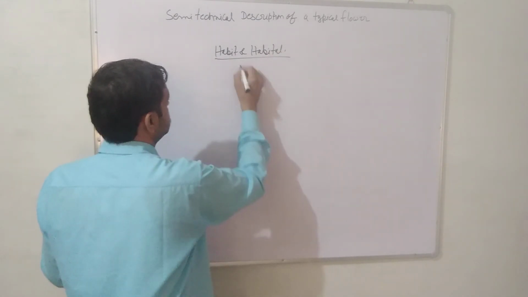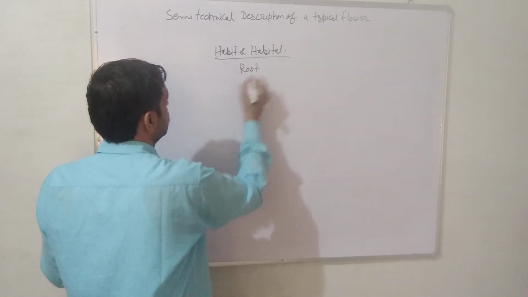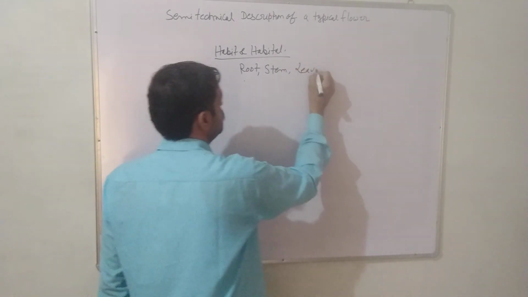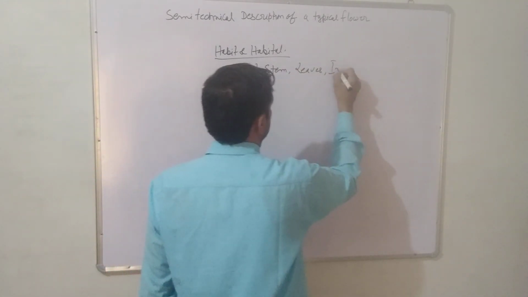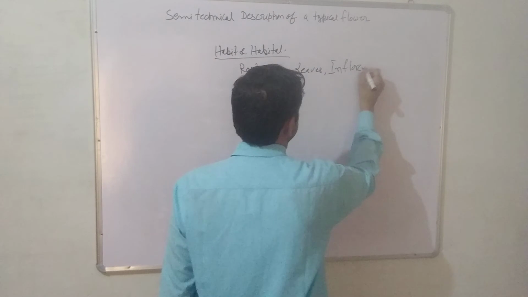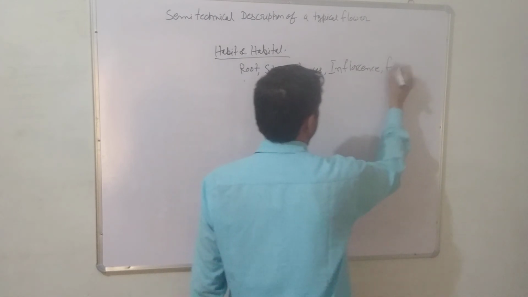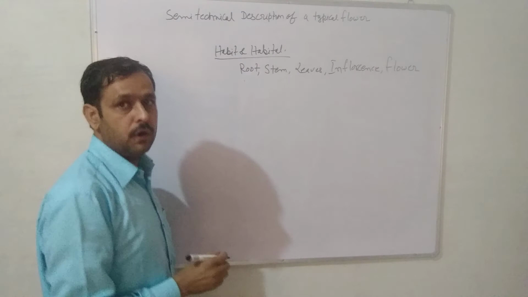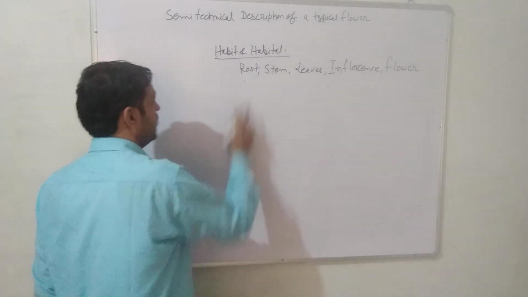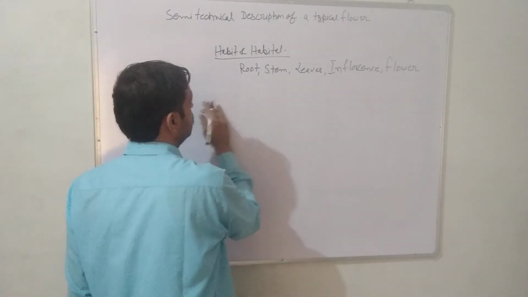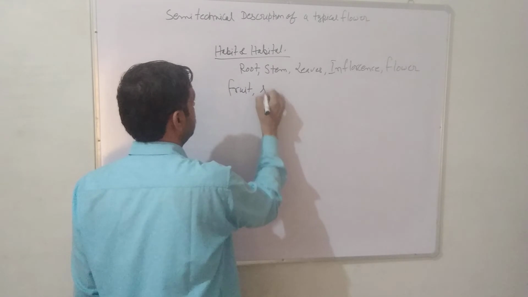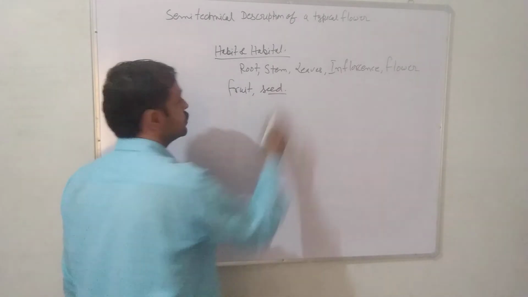Then we studied root, then stem, then leaf, then inflorescence, then type of flower or description of flower. Then we studied fruit, and then seed.